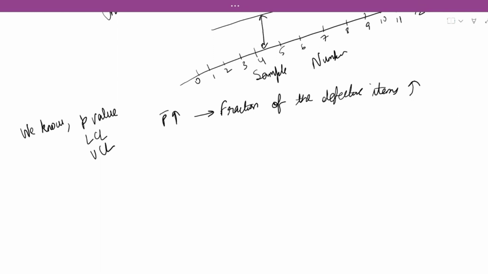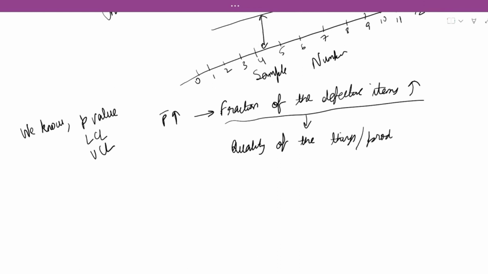This means that quality is degrading. Quality of the things or products or service is deteriorating.